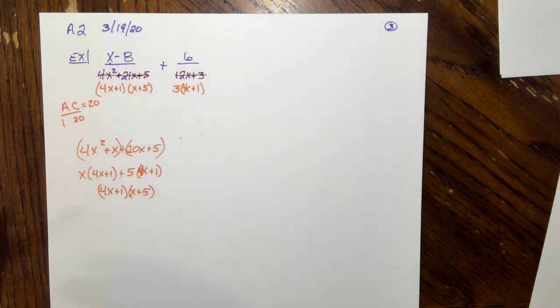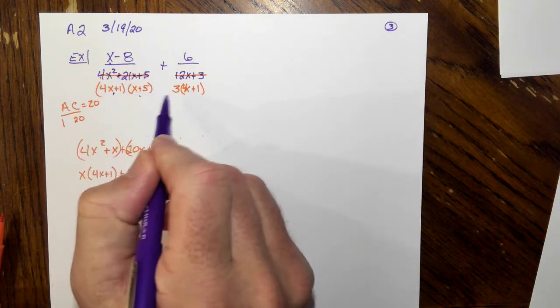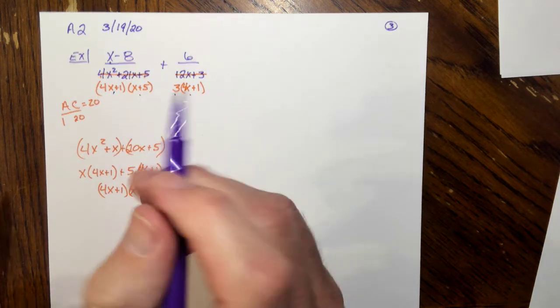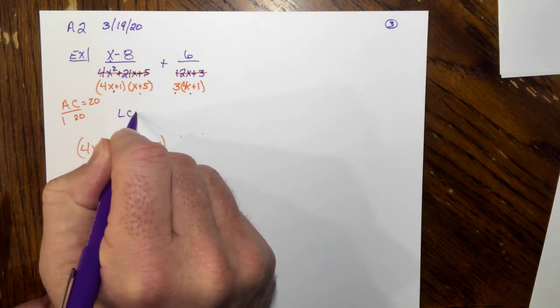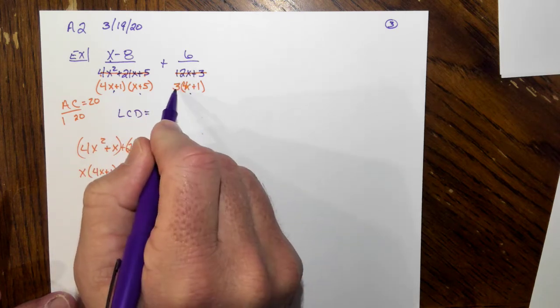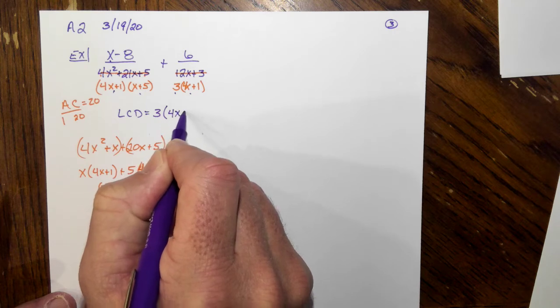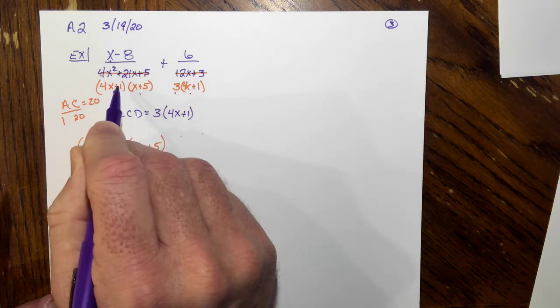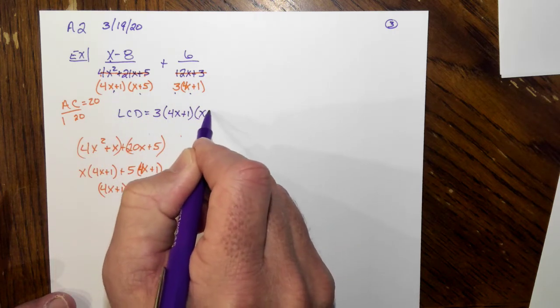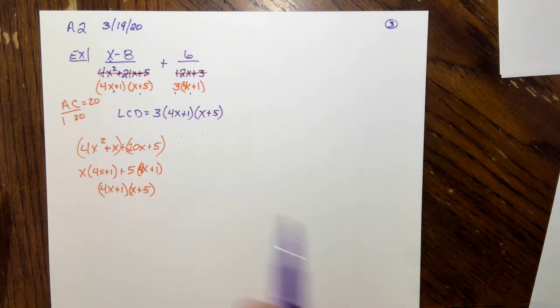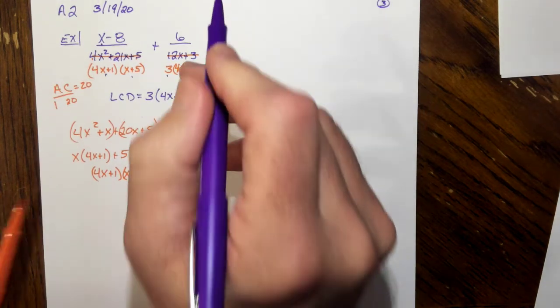So what do we have to do? Well, let's look. We've got 1, 2, 3, 4 factors. Our LCD is going to take a 3, the 4x plus 1, which is repeated, and the x plus 5. That's what we need.